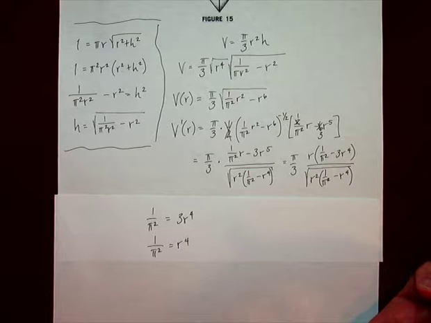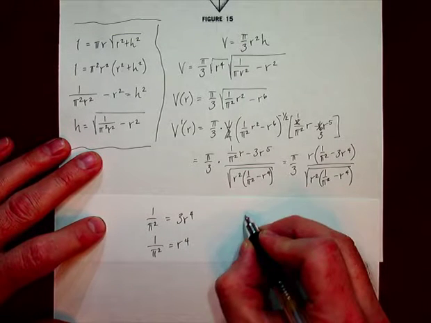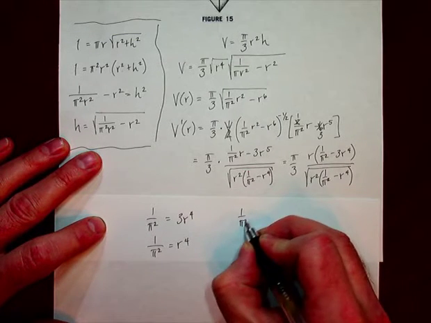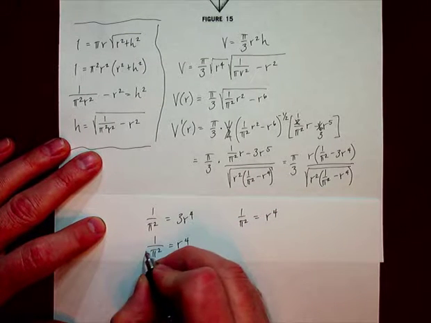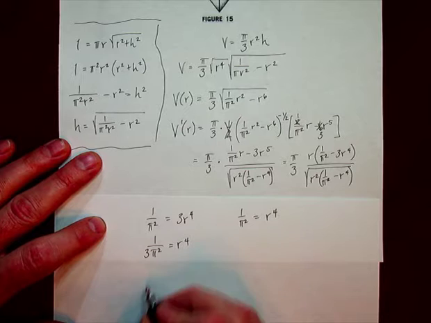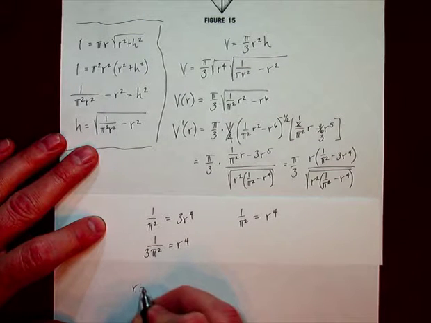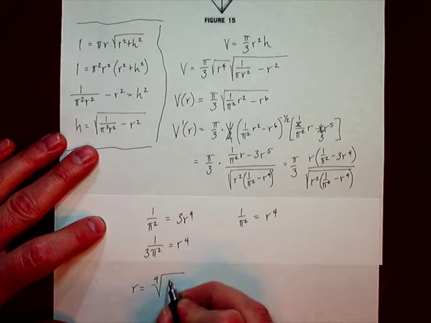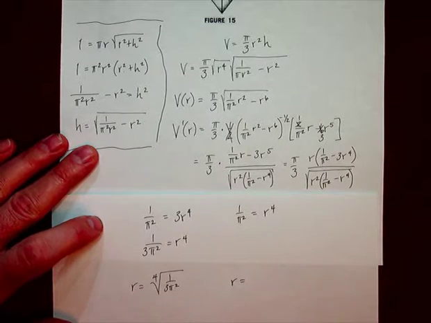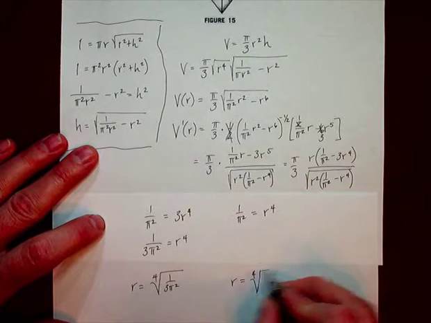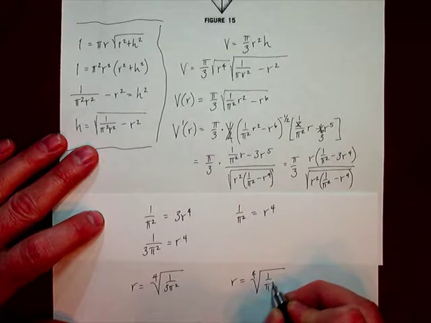That's obviously a minimum. Sorry, this has a 3 in the denominator. So you have r is equal to the 4th root of 1 over 3 pi squared, and r is equal to the 4th root of 1 over pi squared.